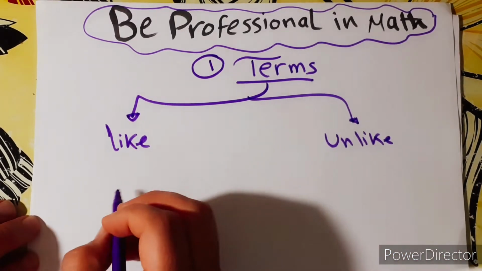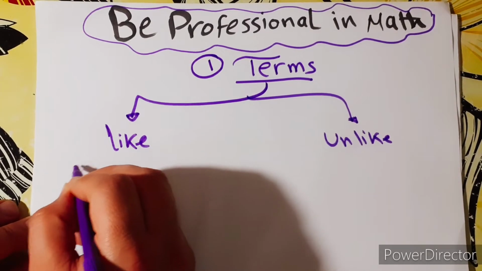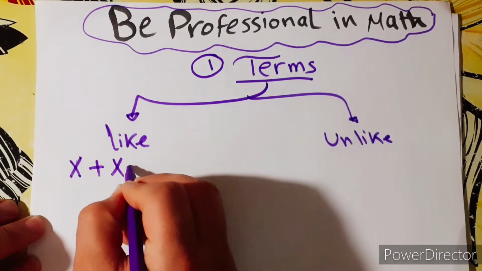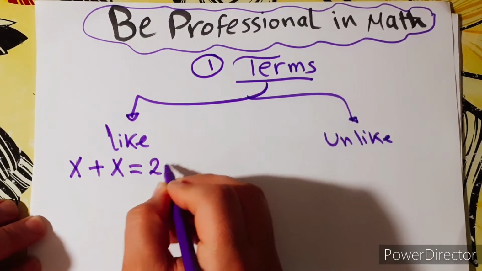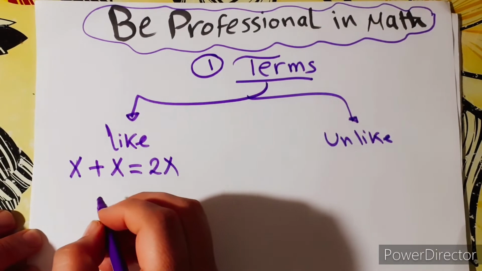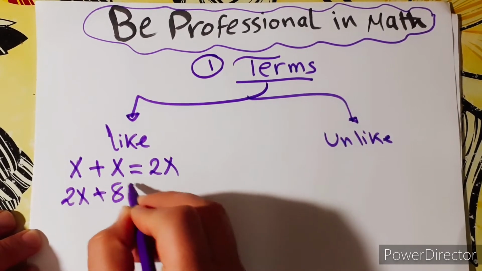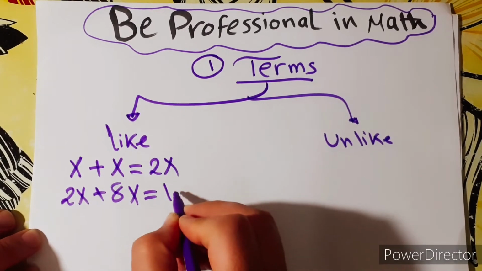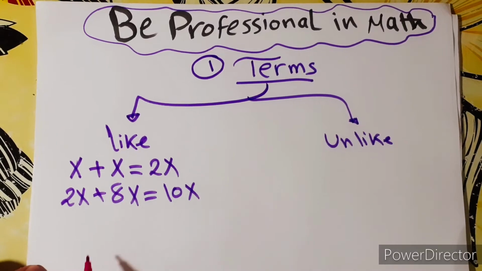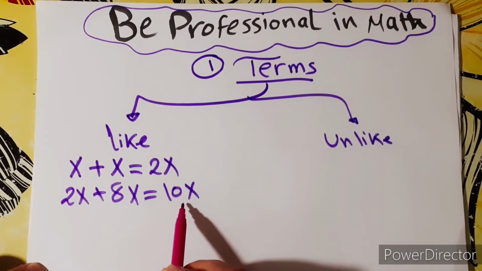First, like terms. How can we add like terms? x plus x equals 2x. Another example: 2x plus 8x equals 10x.